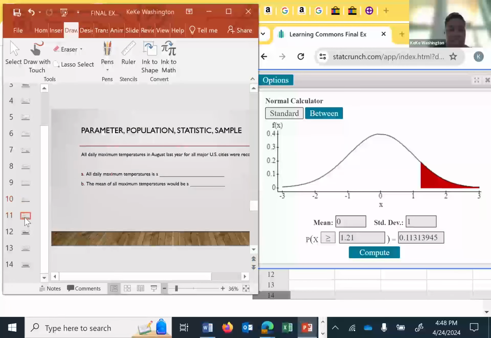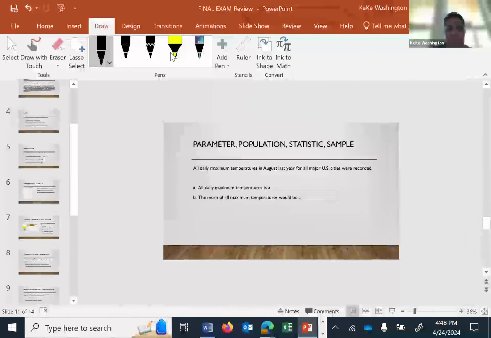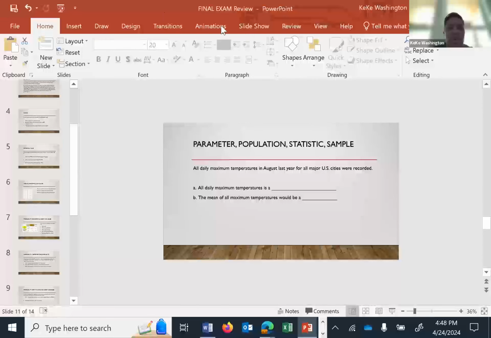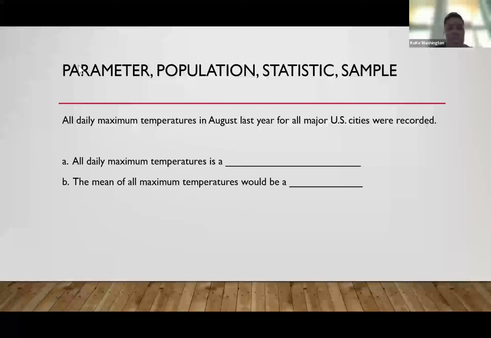All right, so that should take us into chapter 7. All right, so in chapter 7, we want to make sure we have a good understanding of the differences between our parameters and statistics, populations and samples. So remember that a population is everyone that you're interested in studying.